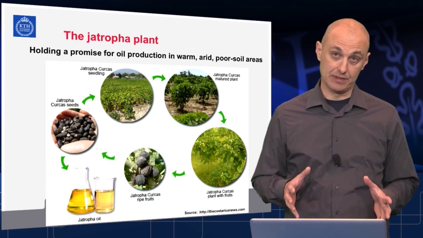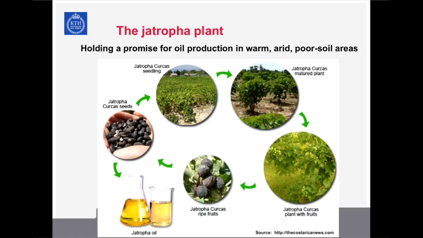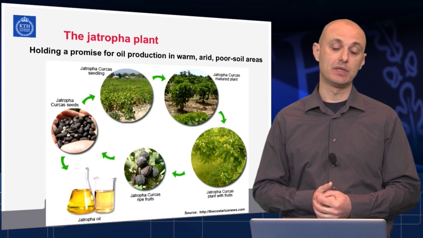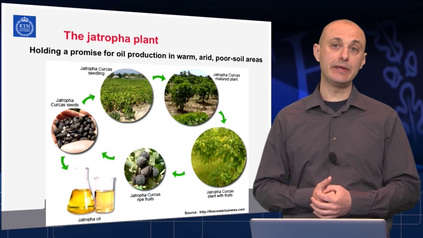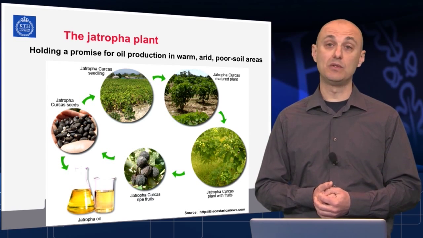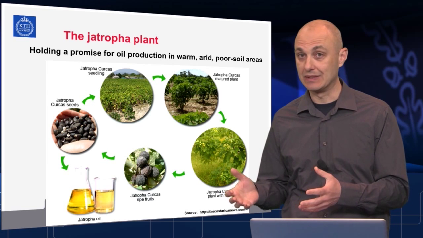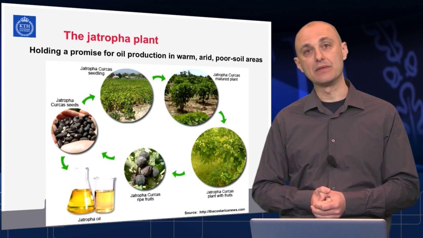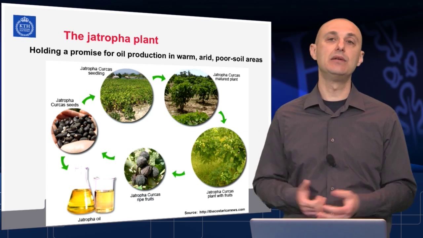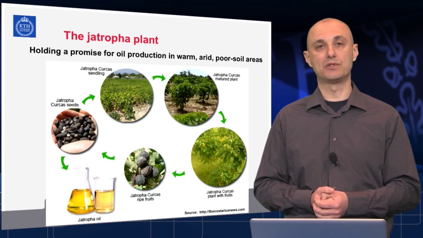The jatropha plant is believed to be the solution for tomorrow, especially in arid or semi-arid, warm climate, marginal soil areas. However, we should quickly open a bracket here and discuss what we do in those areas. If you think that a plant would grow without water, without fertilizer, just anywhere, alas, it's not true.